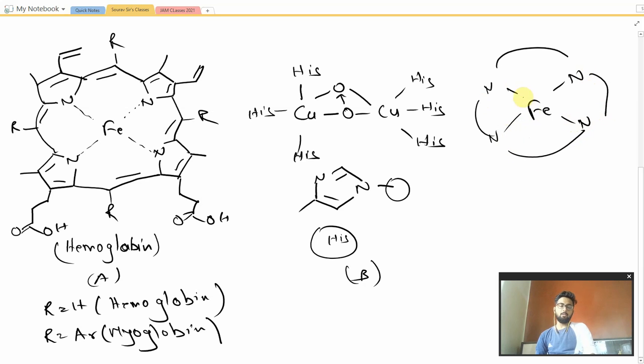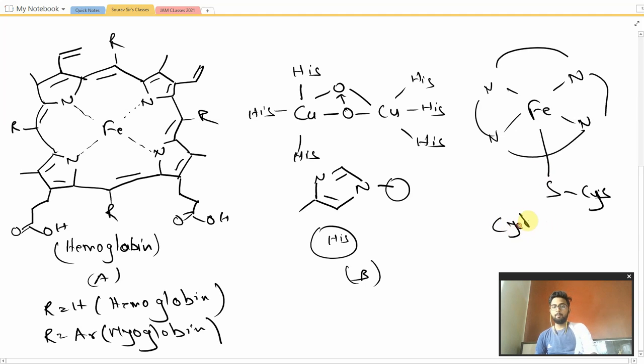All of them are the same as for hemoglobin, but the only difference is that this Fe is now attached with an S of a cysteine residue, bonded from the S. This type of species is known as cytochrome P450.